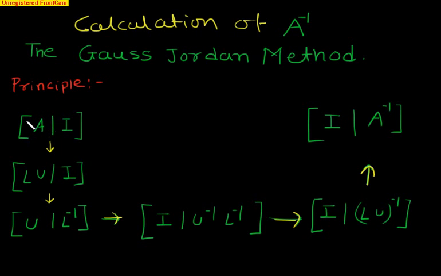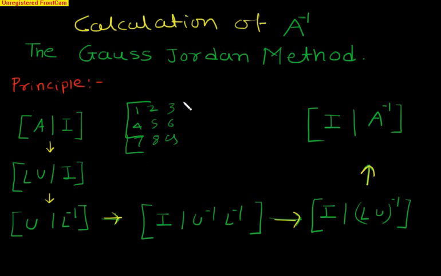See here, what we will do: I will first write down the given matrix A, and I will make one partition, and at the right hand side I will write down the identity matrix of the same shape. Suppose A is, I have written one matrix, 1 2 3 4 5 6 7 8 9.